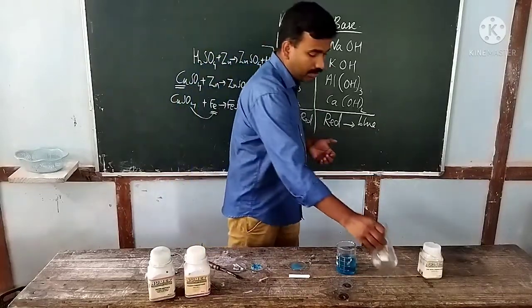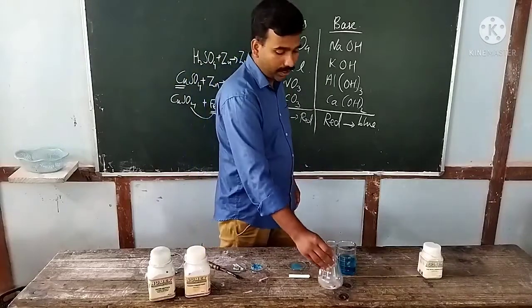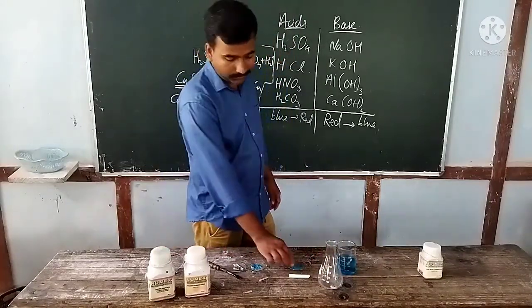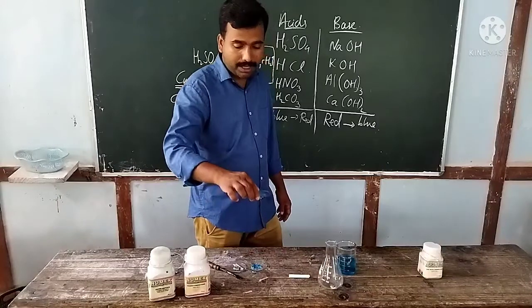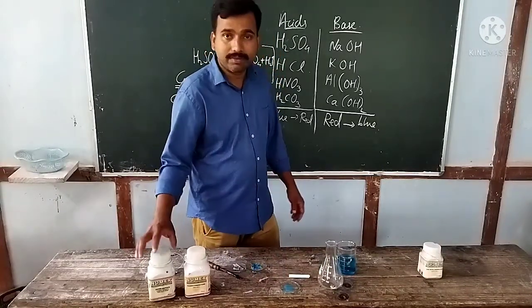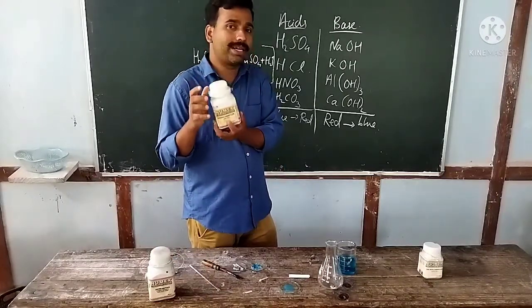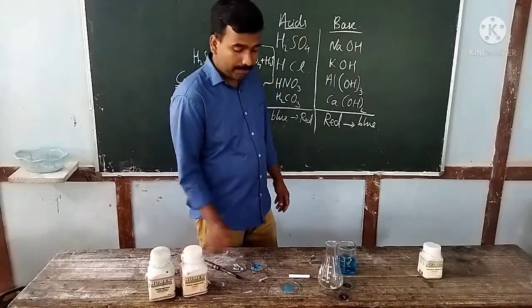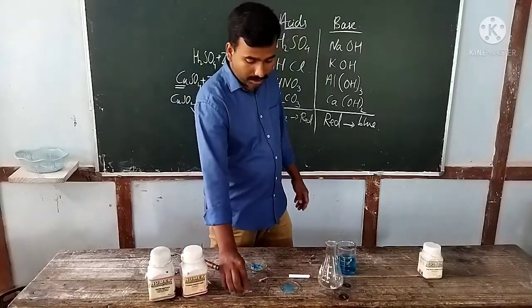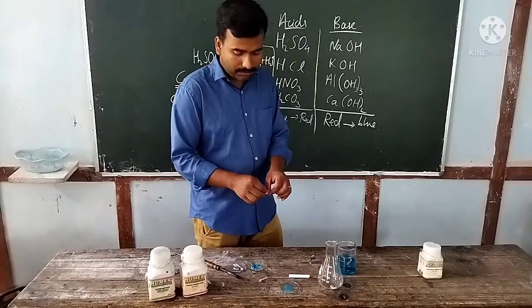So here I have brought some acid, which is a clear solution, and I have got another solution, which is sodium hydroxide or potassium hydroxide pellets dissolved in water. Here you can see I have got a red litmus paper.